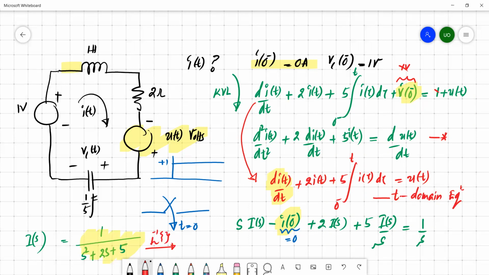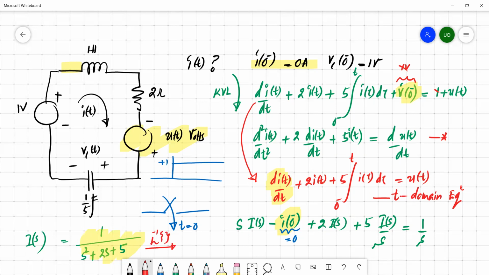By looking at this, you can see that if you have a time domain equation, you can convert it to the Laplace domain, and solving this gives the current. You can easily find the current response.